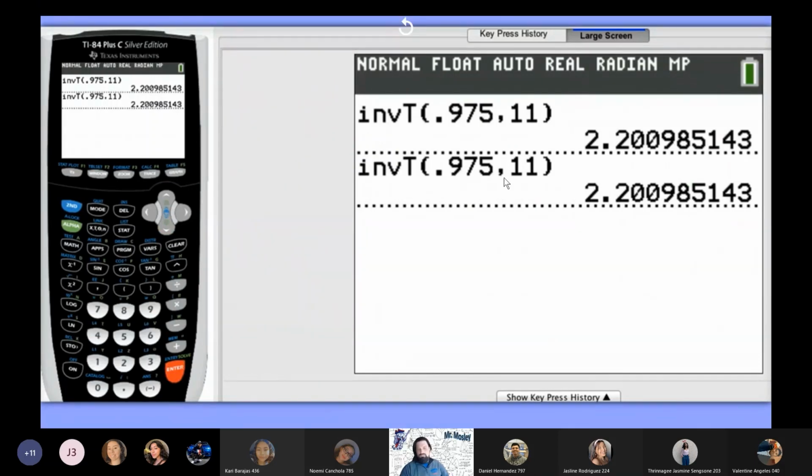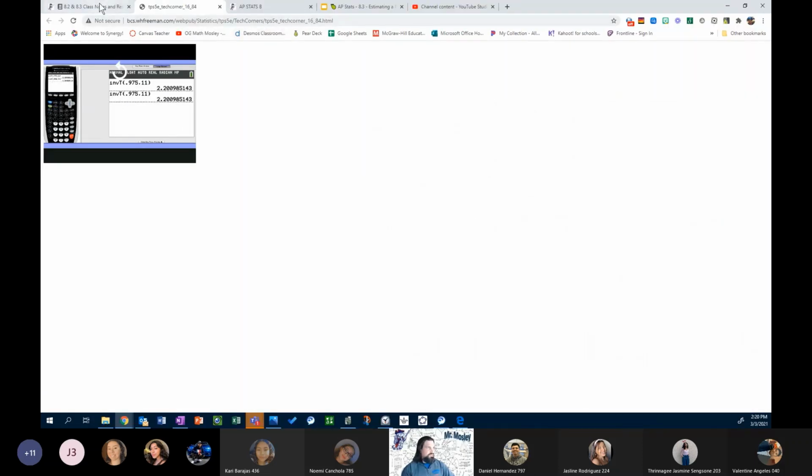All right, so that's again kind of demonstrating how to use the calculator to find your T-star value. The value that your calculator finds may not match the value on table B. However, usually there will be two versions of an answer provided.